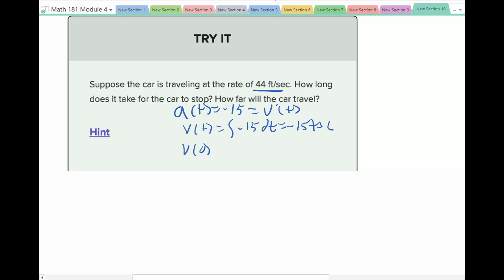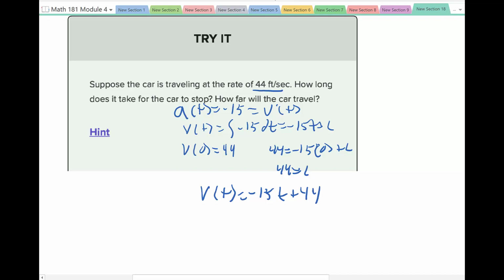In this one, our initial velocity is 44, so 44 equals -15 times 0 plus c, so 44 equals c. So our velocity at time t is -15t plus 44.